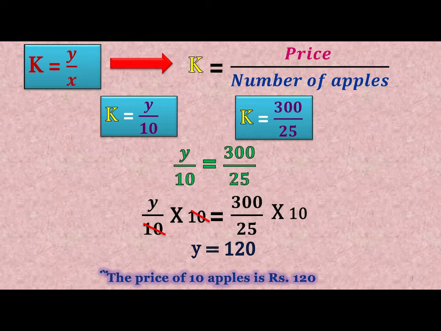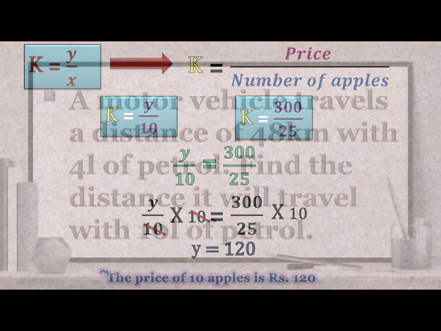We want to find Y alone, so we multiply both sides by 10. Then the 10 in the denominator and the 10 in the numerator cancel out. Only Y will remain. We can solve the other side. Then Y equals 120. Therefore, the price of 10 apples is 120 rupees.